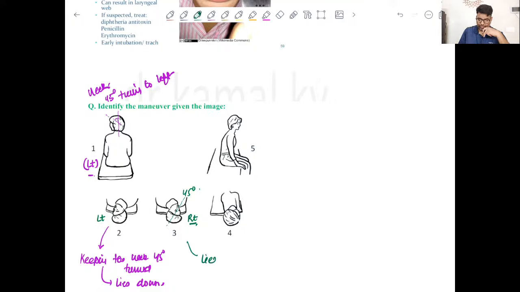So lying down, the neck rotates a total of 90 degrees, right? Because he has moved from this side. Initially he was here. So from here to here is all 90 degrees. So this movement is a total of 90 degrees. Clear?